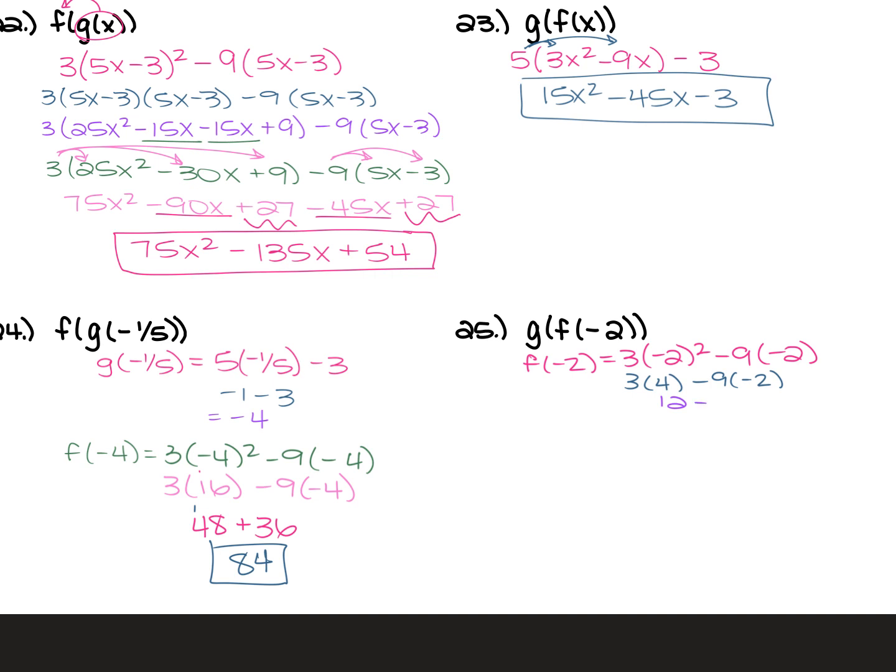The negative 9 times negative 2 is positive 18. So that gives you 30. So really, you're finding g of 30. We said g of x is 5x minus 3, so that's going to be 5 times 30 minus 3. The 5 times 30 is 150. Minus 3 gives you 147.